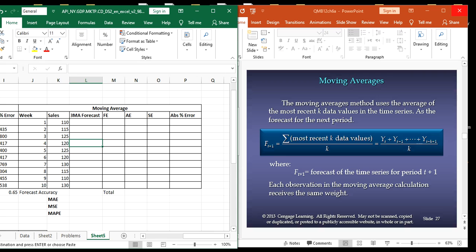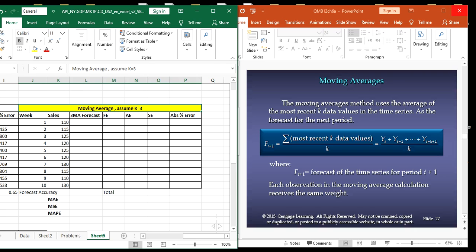The most recent k data values divided by k. K means how many weeks we select in this case. Let's assume k equals 3.